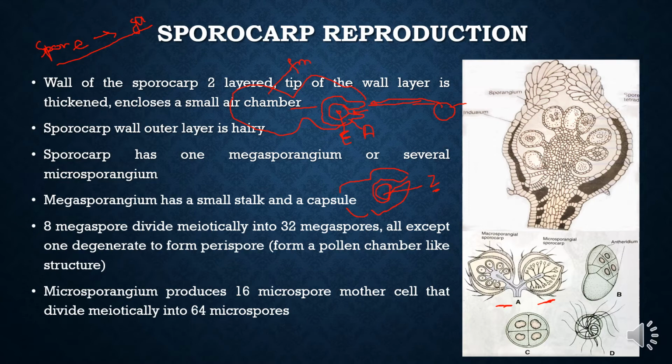This entire stage, from the spore to the gamete, including the gametophyte, is haploid in nature.